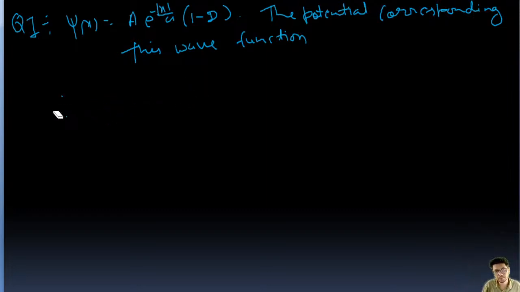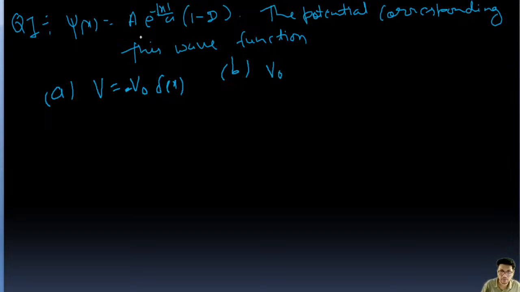Very good question. Options are given. Option A is V equal to V naught minus V naught delta x. Option B is V equal to root k e to the power minus kx.